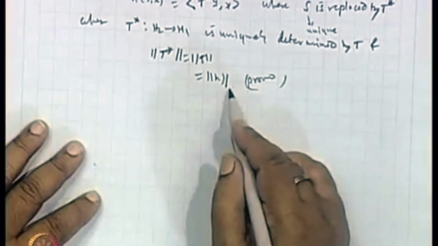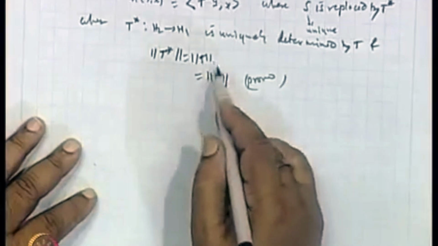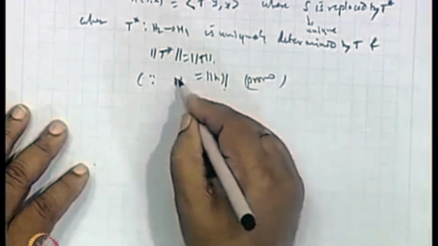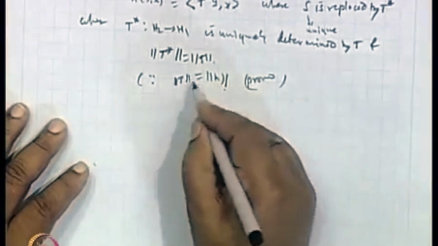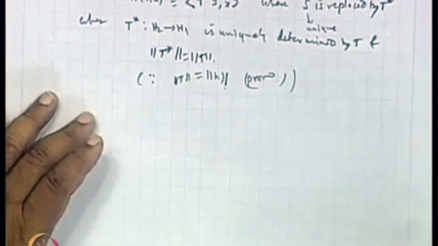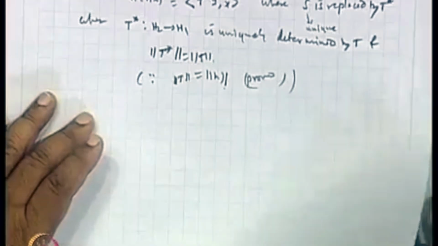So this shows that norm of T star equals norm of T. Is it okay? So this proves that, combining this, we get the conjugate, and T star is an operator. So that proves the result, is it not?